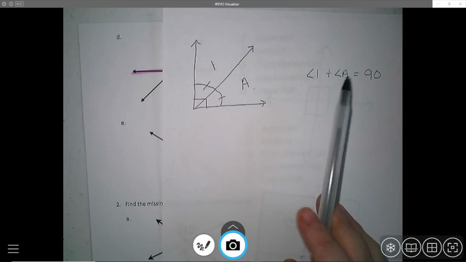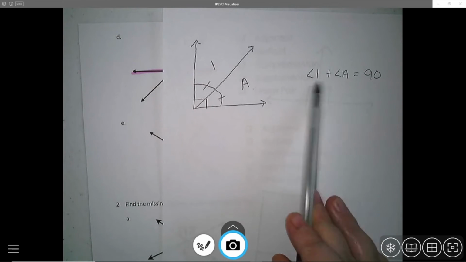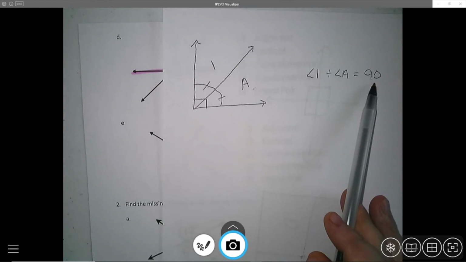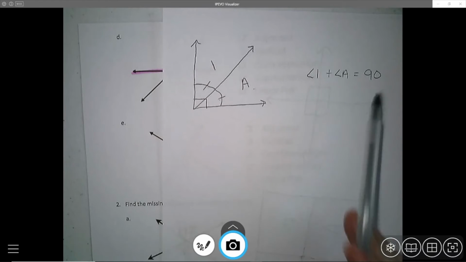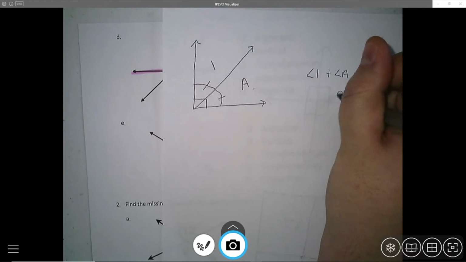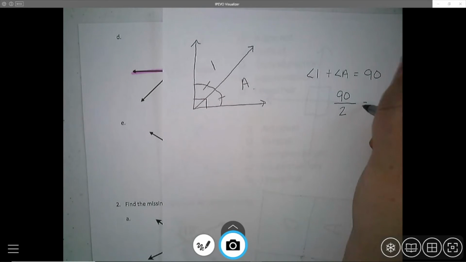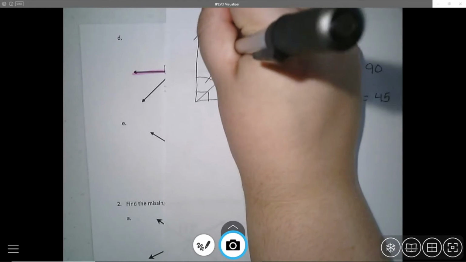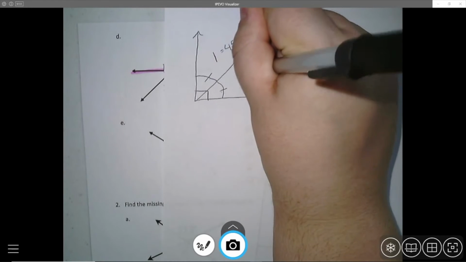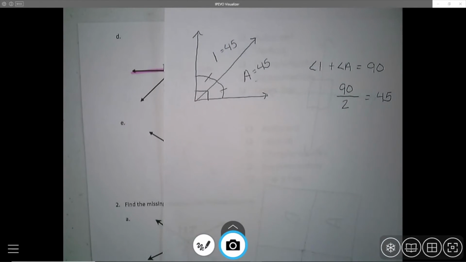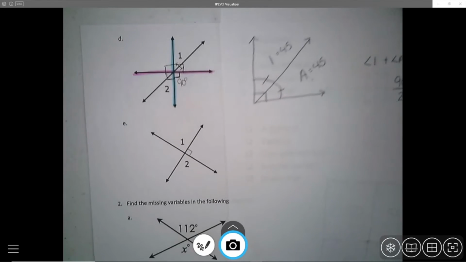So really I'm looking for what number when I add it to itself gets me to that 90. Well, simply, if you know that two angles are congruent and they add to 90, I can divide that by 2 and get 45. Each one of those angles has to be 45, because that's the only way that the same numbers will add together to be 90.